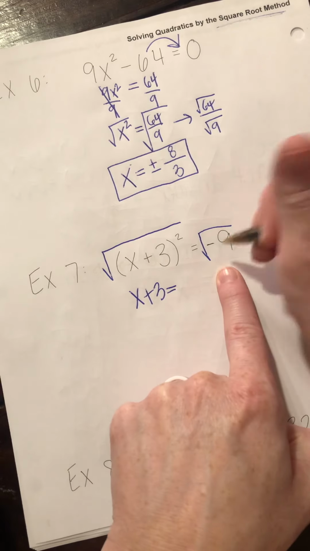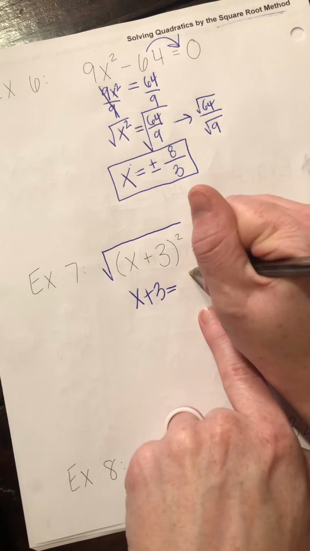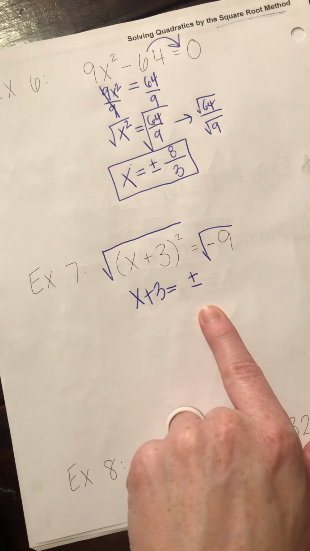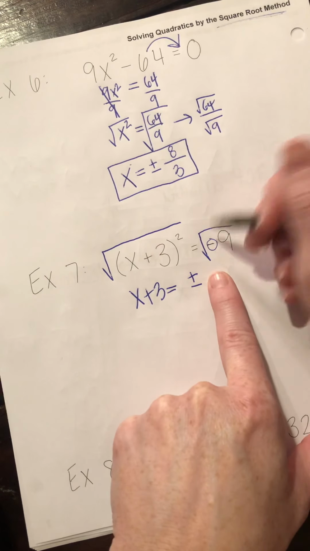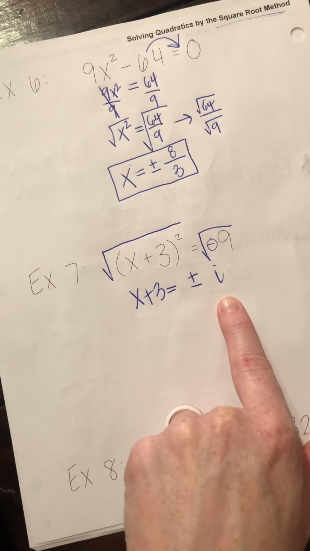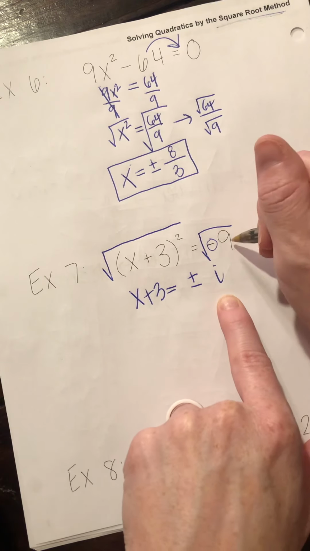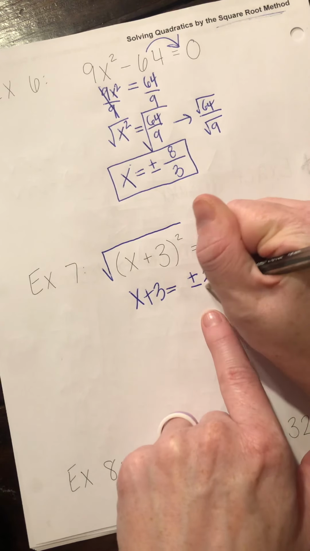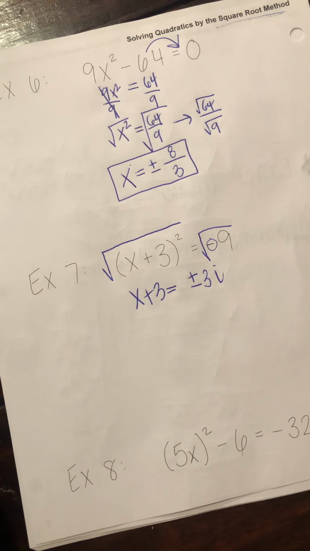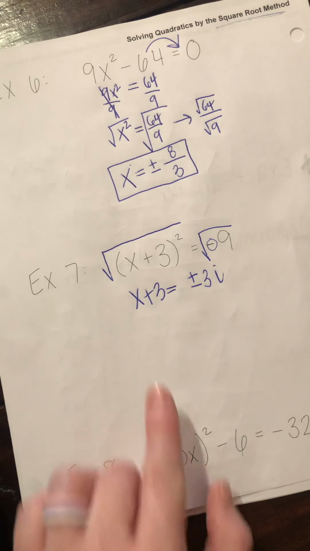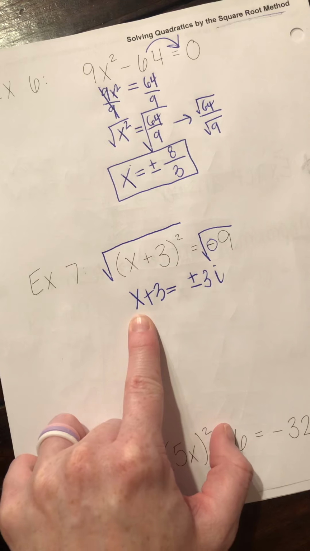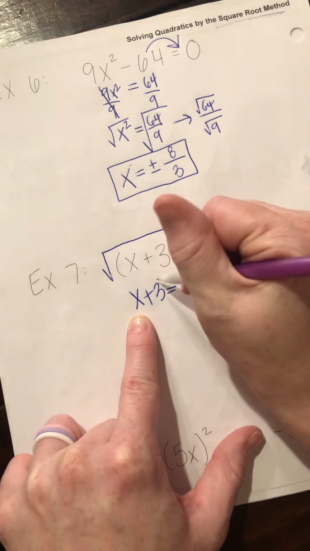Now over here, I've got a radical, so I've got plus or minus, and then I've got an i because of the negative, and then the square root of 9 is just 3. So right here I have plus or minus 3i. The very last thing that I'm going to do is I want to get x all by itself, okay?